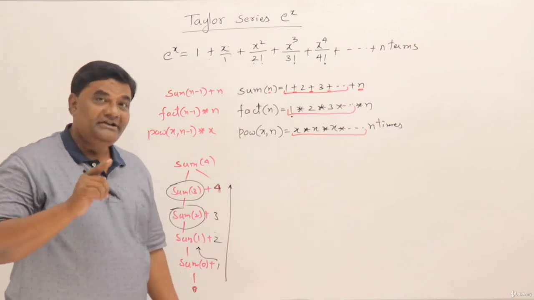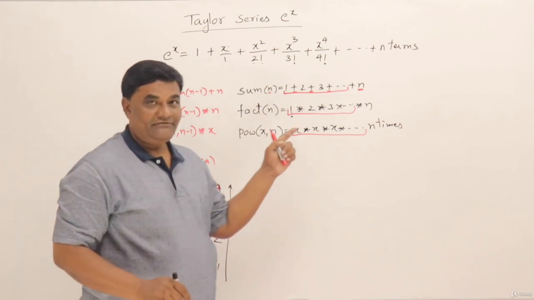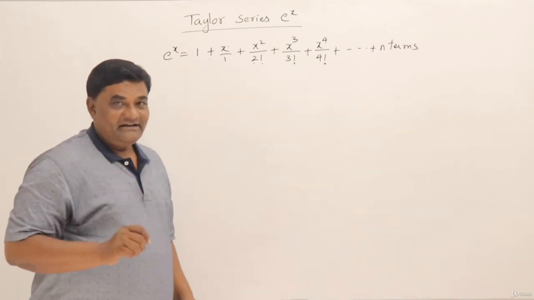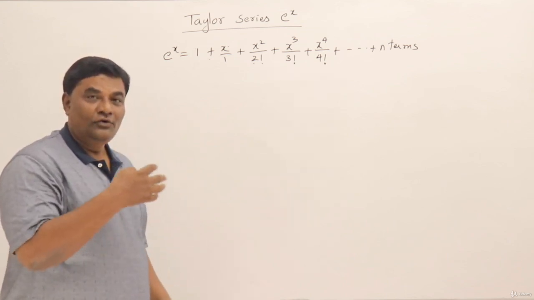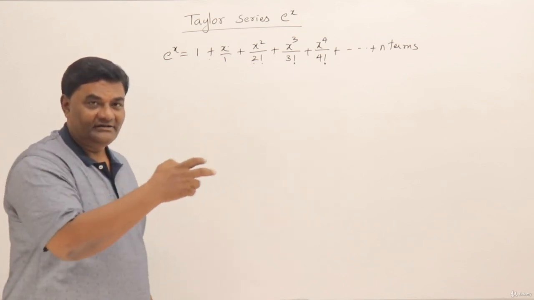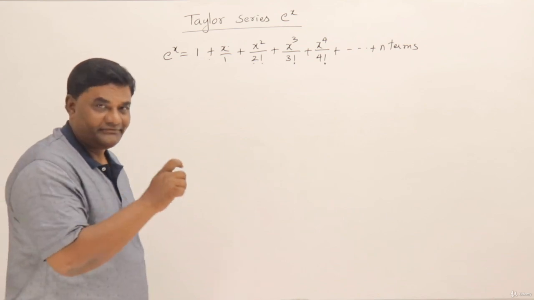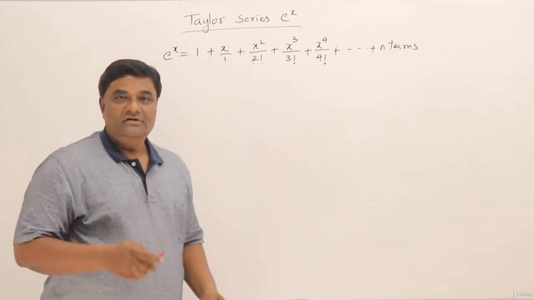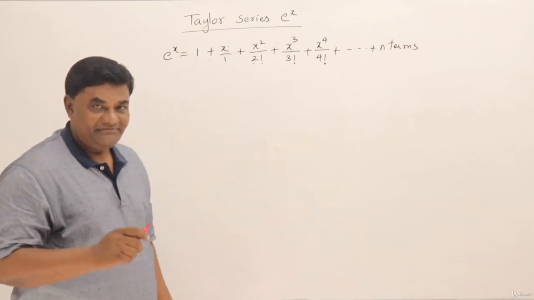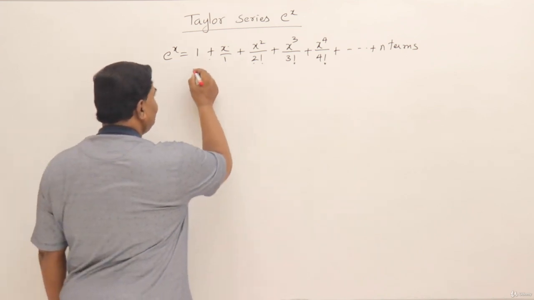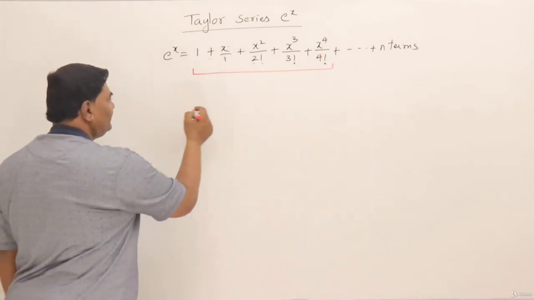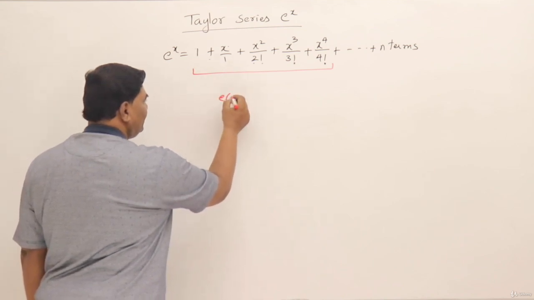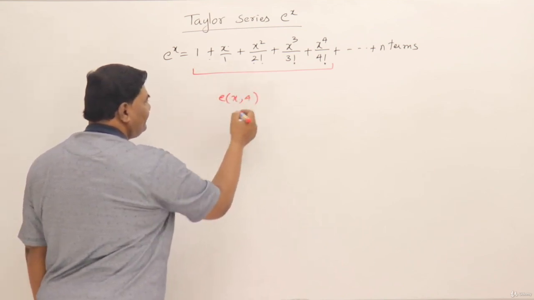First, I will try to devise the method, then I will write down a function for that. Let me take the example of e power x for 4 terms, meaning a total of 5 terms, so the highest degree is 4. Now let us devise a recursive procedure. For that, I'll take the example up to highest power 4. So let me write the function as x and 4.